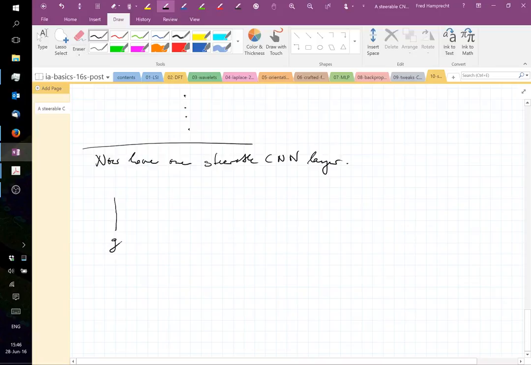I said we take the input image G and then we convolve it with various filters to obtain multiple feature maps. So here I used a one-dimensional input image G. This box here was meant to represent many feature maps. And then we can squeeze them through a nonlinearity and get even more feature maps, maybe at the same spatial resolution, and whatever else happens afterwards.